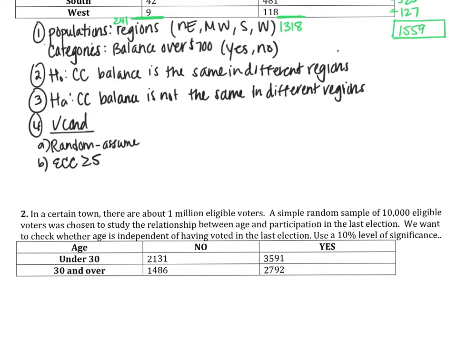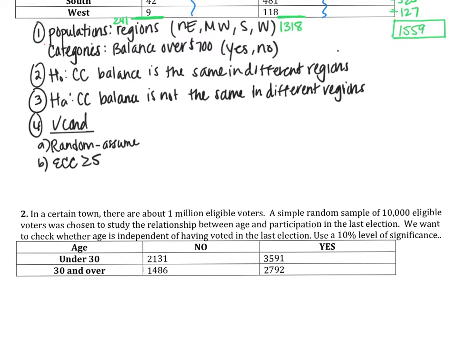So expected cell counts, I'm going to just come in here and leave a category for expected cell counts. So observed cell counts are typed. Expected cell counts are going to be in blue. So remember, expected cell count is the row total times column total divided by total.